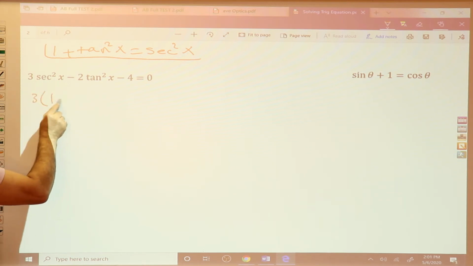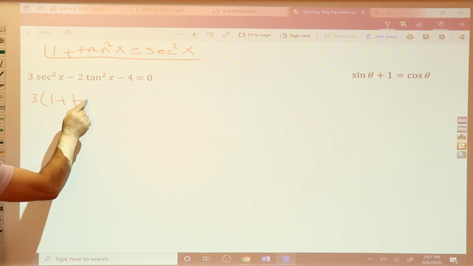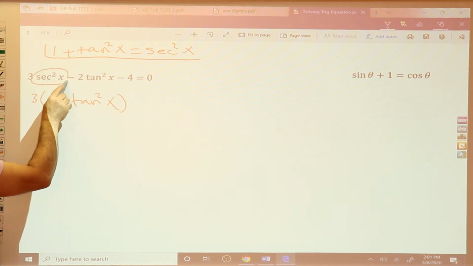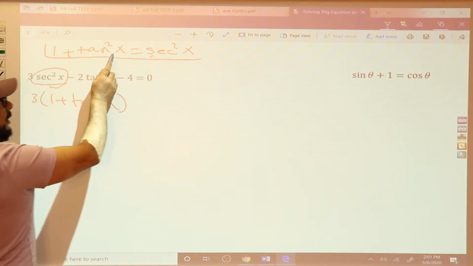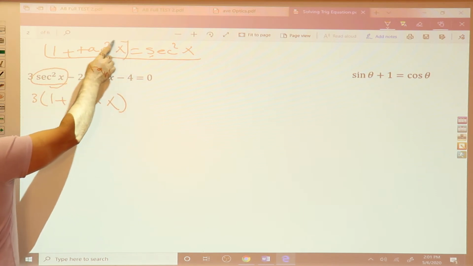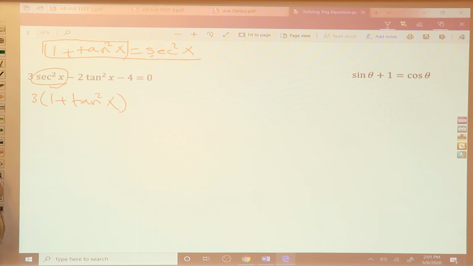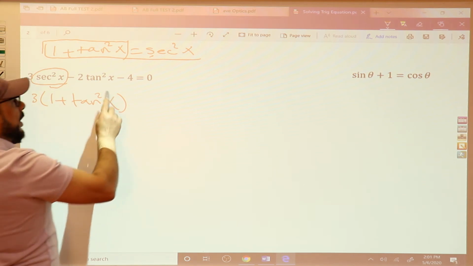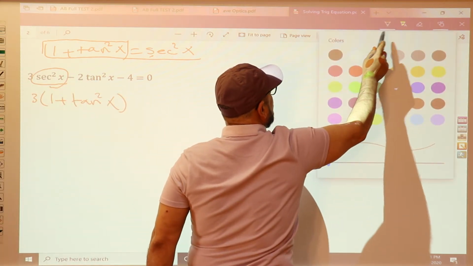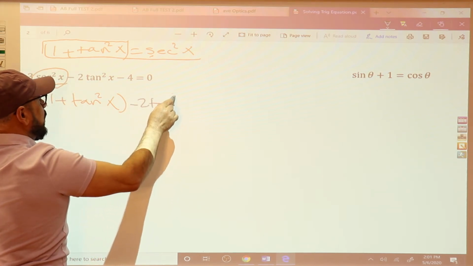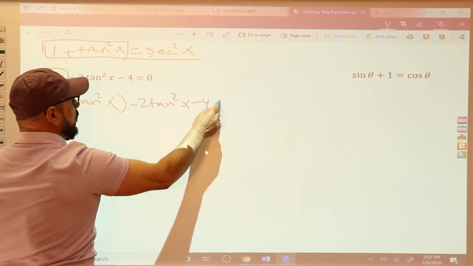Then 3 times 1 plus tan square x. You see, secant square x, this guy, replace it by 1 plus tan square x. We call this method substitution. Minus 2 tan square x minus 4 equals 0.